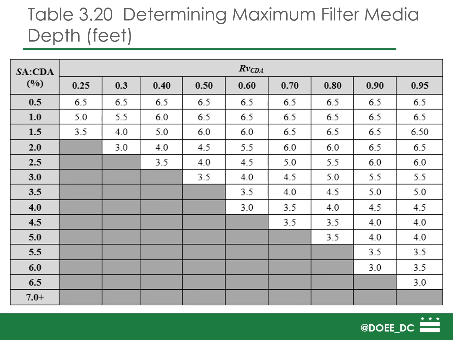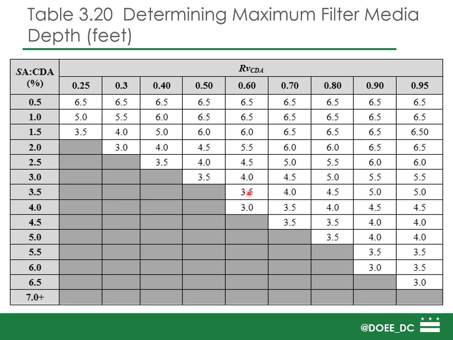And so by checking this table, checking what your runoff coefficient is, for example, let's say you have a fully impervious site, so your entire CDA is impervious. So you would have 0.95 as a runoff coefficient here. And let's say you have a ratio of the BMP surface area to the contributing drainage area of 3.5%.